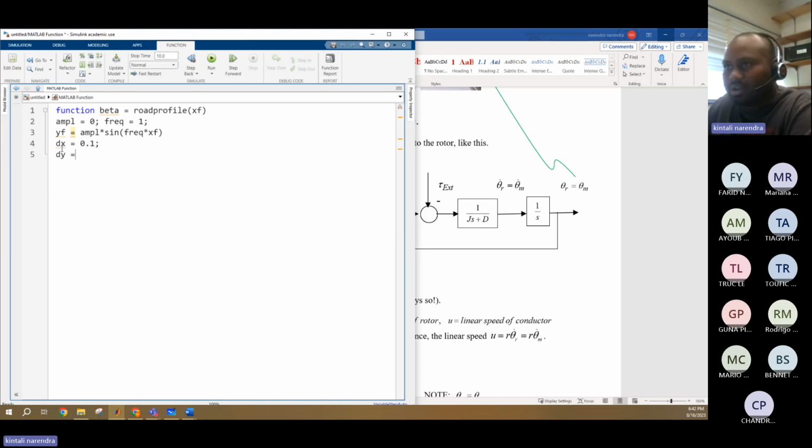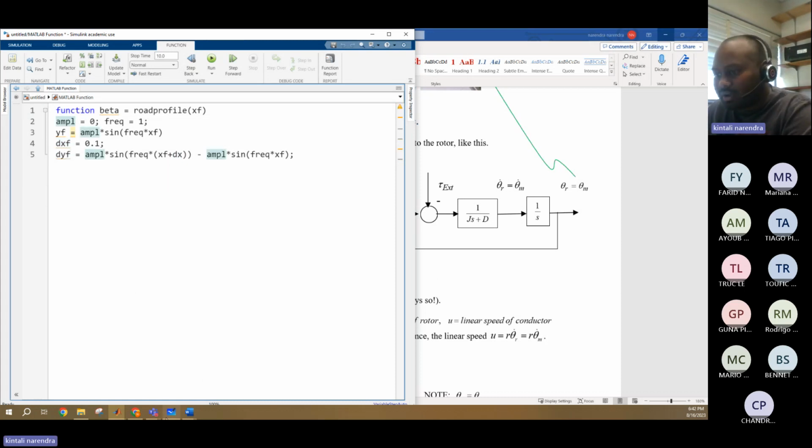Then dy, or delta y, is equal to the amplitude times sine of x of f plus dx, minus the same function without dx. Now you know dy, now you know dx. Okay, dxf, dyf.